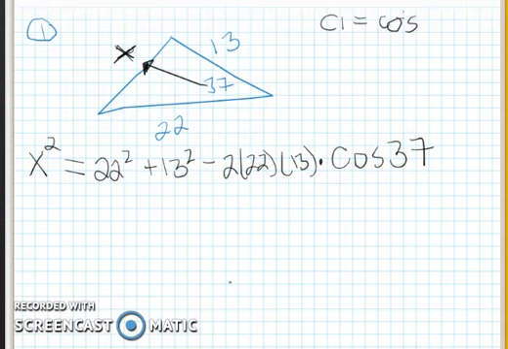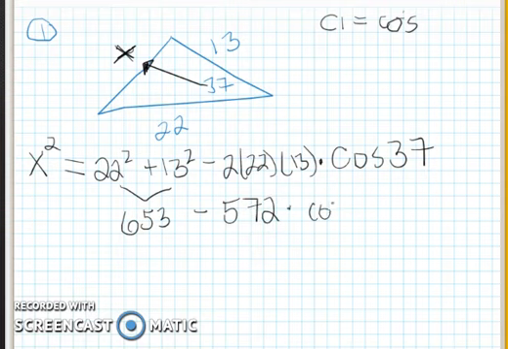Now most of you are pretty good at plugging this all in your calculator at once, but you know Mr. Smith, he's old and slow. So we're going to do 22 squared plus 13 squared, and we're going to wind up with 653 minus 2 times 22 times 13 equals 572 times the cosine of 37 equals x squared.